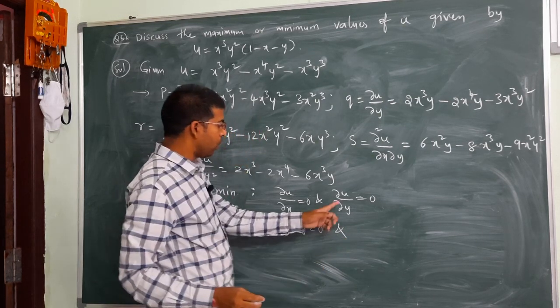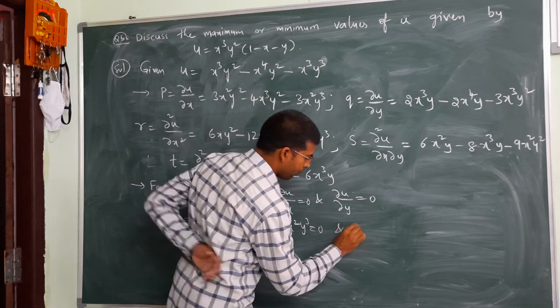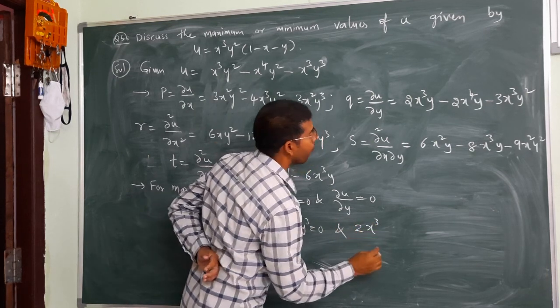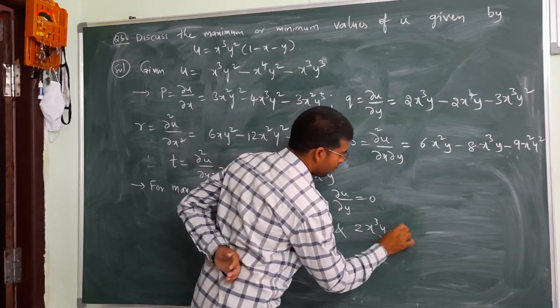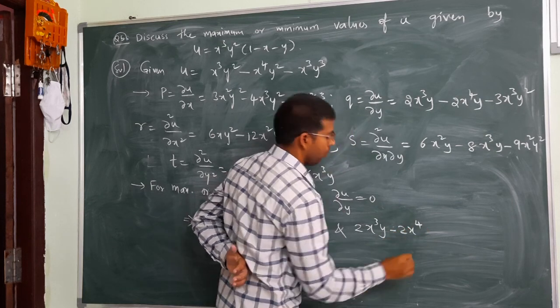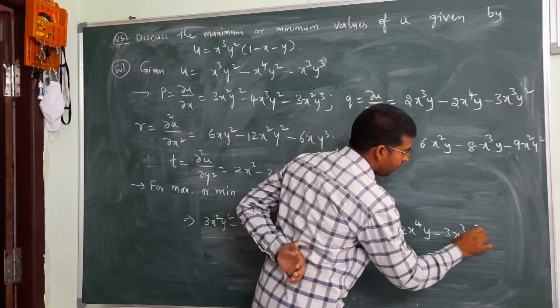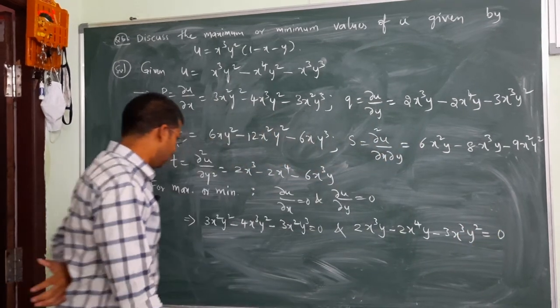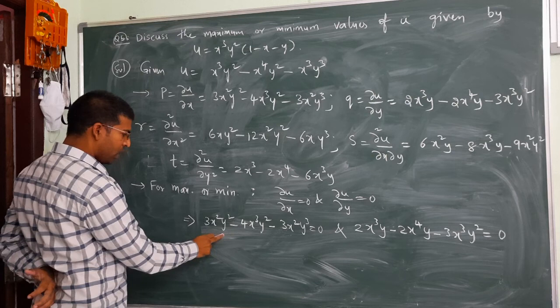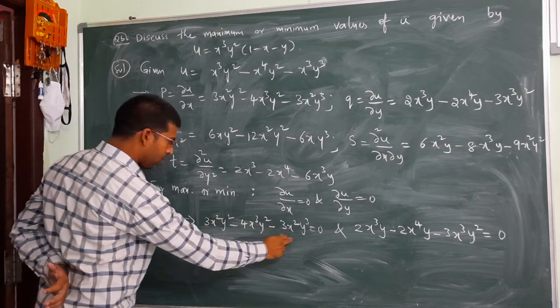And what about ∂u/∂y? That is 2x³y minus 2x⁴y minus 3x³y² equal to 0, right sir? Here what you can take out, x²y² is common, right?